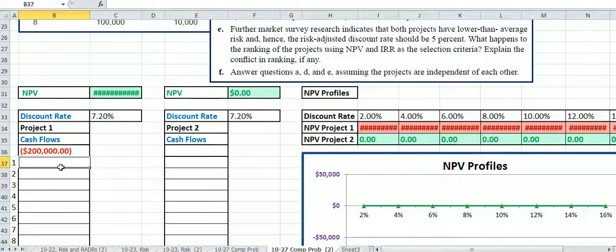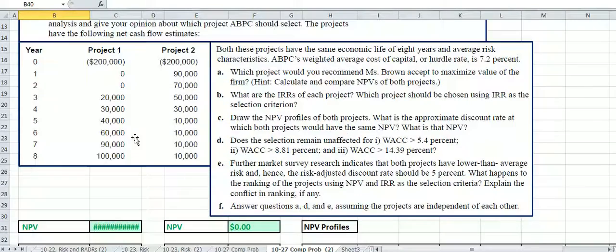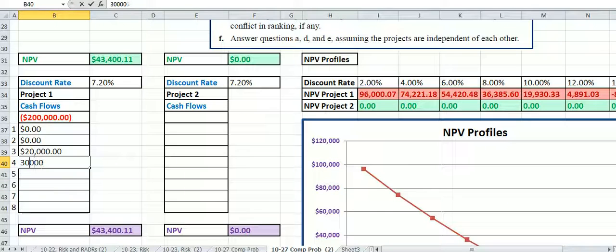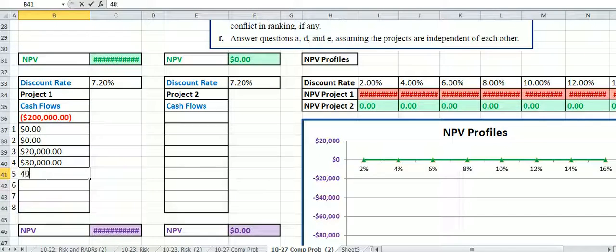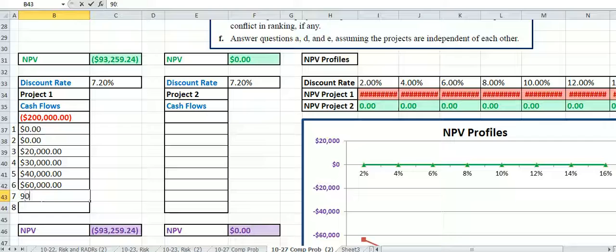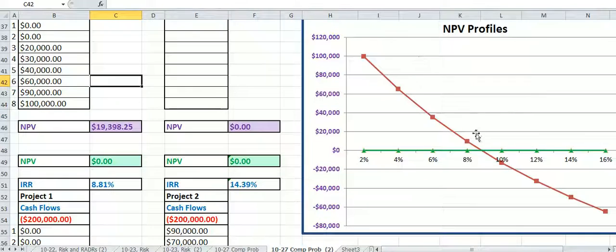Okay, so 0, 0, 20,000, 30, not 330, right? 40, 60, 90, and 100. Those are the cash flows. And you can see your chart is magically filling out right here.